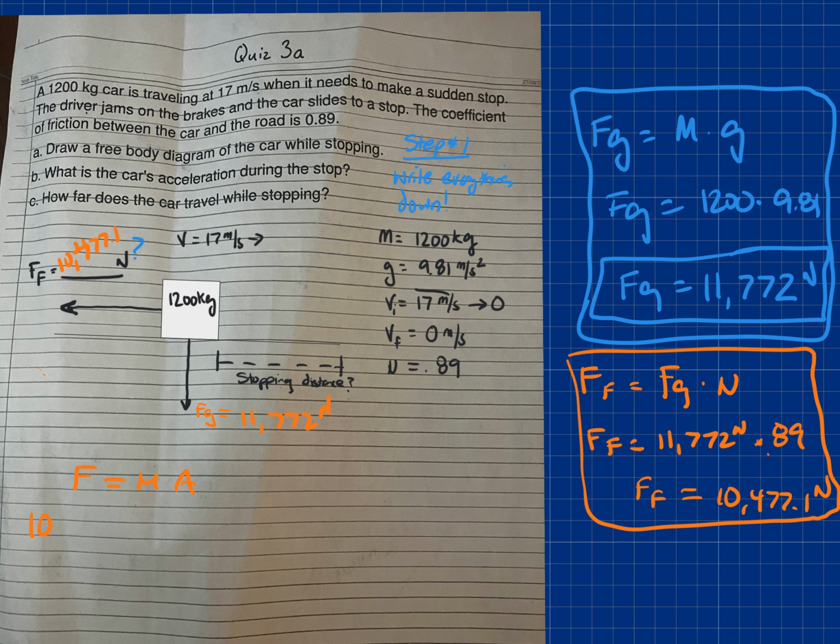All right, so 10,477.1 newtons is my force of friction, is equal to my mass of 1,200 times a. So you're going to divide by 1,200, divide by 1,200, and you're going to get a is equal to, oh, they did this on purpose, negative 9.81 meters per second squared.